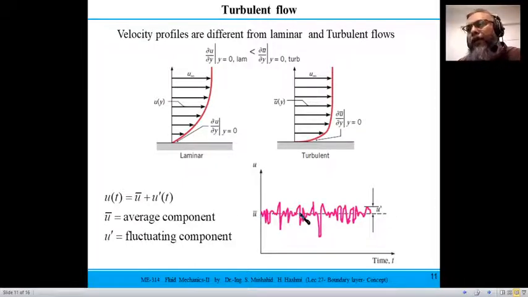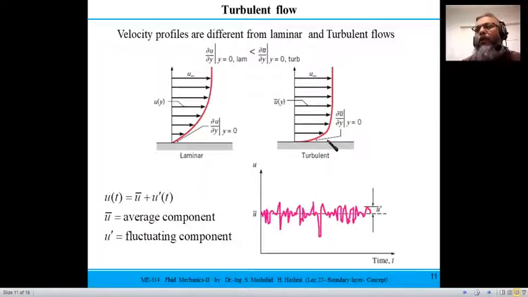So what we do is we actually divide the flow region into 2 parts. One is the average velocity component plus some fluctuations, which could be positive or negative. So that would be some function of time. So that is a fluctuating part and that is an average part. So your local velocity is a combination of average velocity plus the fluctuating part.